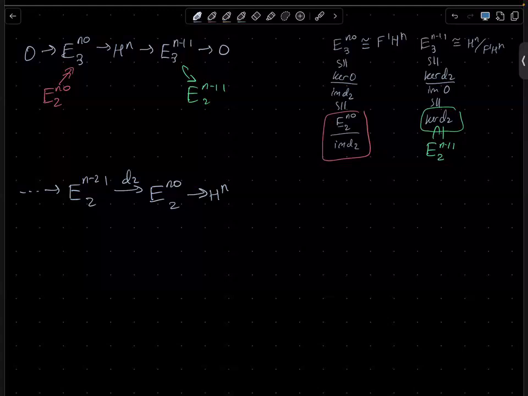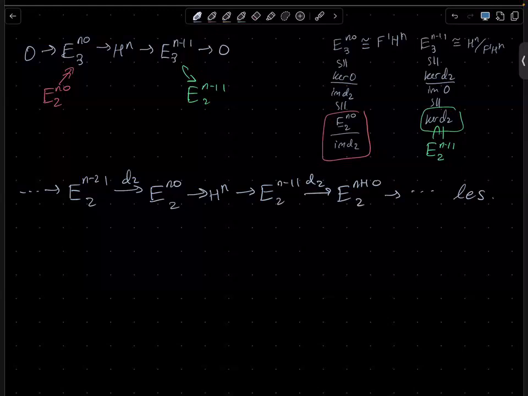Hn here, and then Hn goes to E2 n minus 1, 1, which by the D2 map, by the differential, goes to, where should it go? Well, I have my notes. So this is E n plus 1, 0, 2, so on and so forth. And I claim this is a long exact sequence.